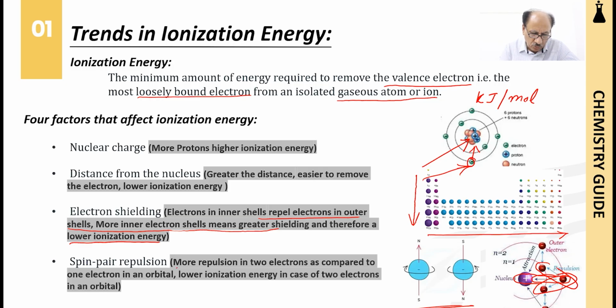So there is more repulsion with two electrons as compared to one electron in an orbital, so lower ionization energy in the case of two electrons in an orbital. If an orbital is completely filled, it has two electrons, one having opposite spin to the other.